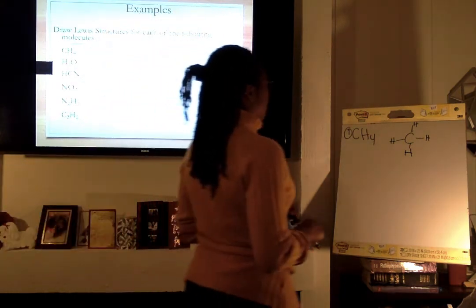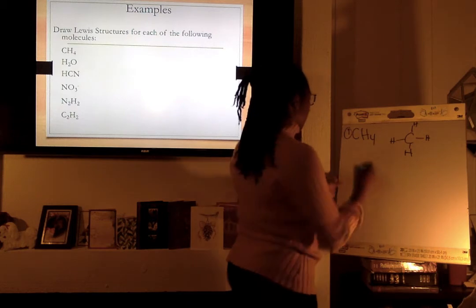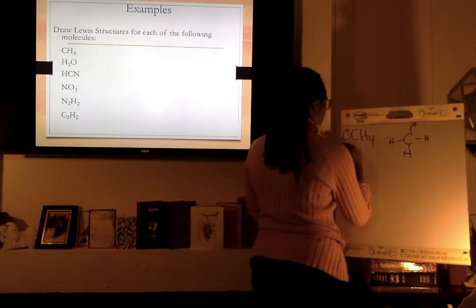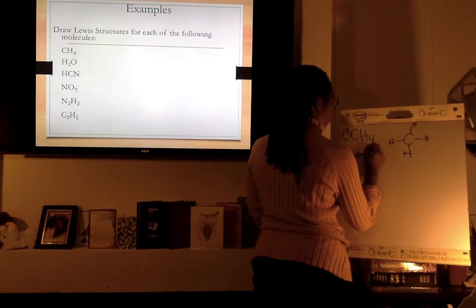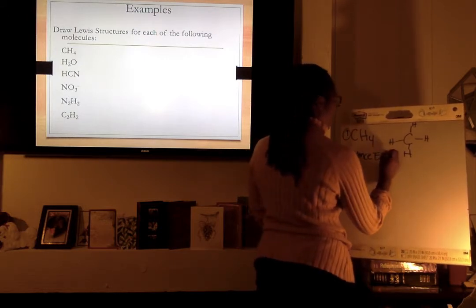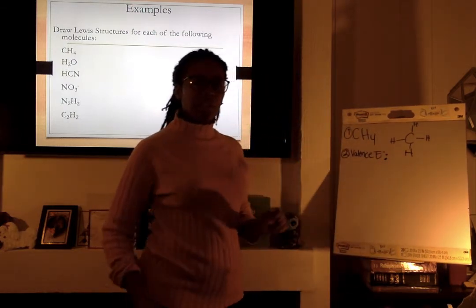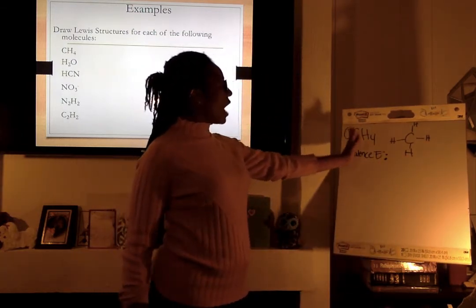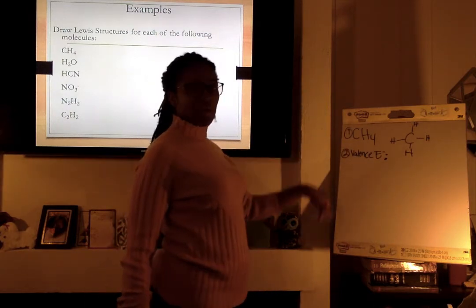Yep. So now, the next thing that we want to do is calculate the number of valence electrons. So, in order to calculate the number of valence electrons, we have to add up how many valence electrons are here for this whole molecule.